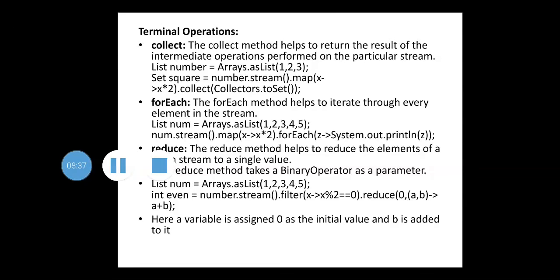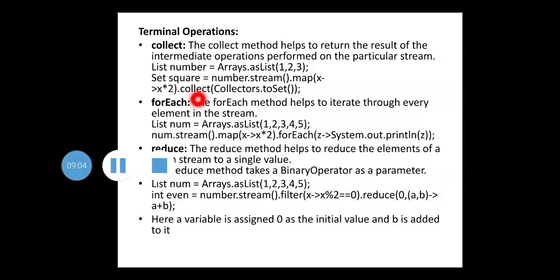So the next set of operations is terminal operations. In terminal operations, the intermediate results received by the previous methods have to be stored somewhere else in order to view the result. We have already come across the method collect.